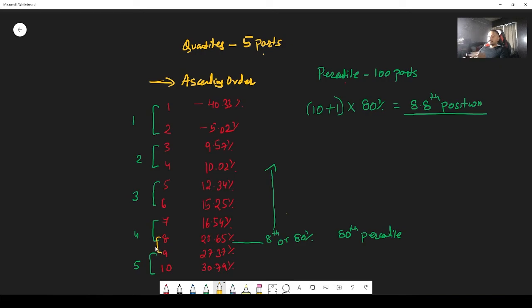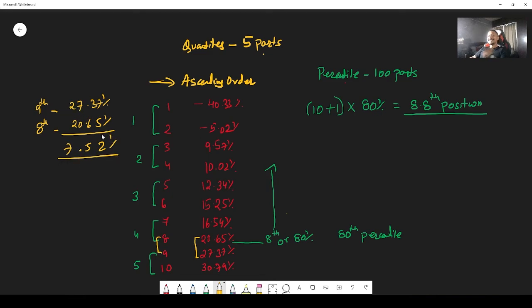Now, this is what is formally called linear interpolation, but all that means is just find the difference between these two values. The 9th value is 27.37%, and the 8th position value is 20.65%. So if you find the difference between these two values, you would get 7.52%, right?